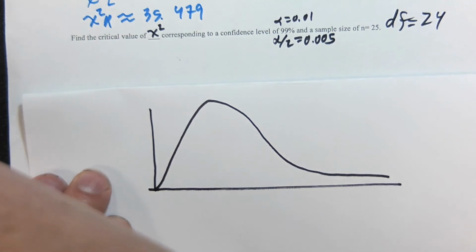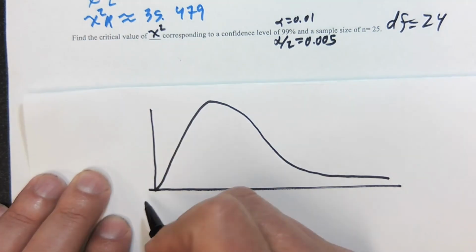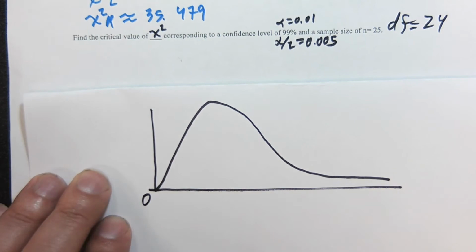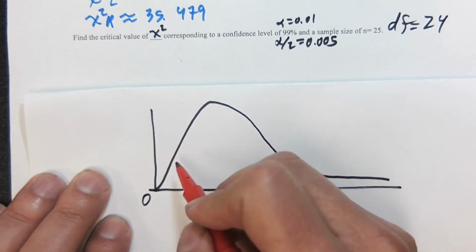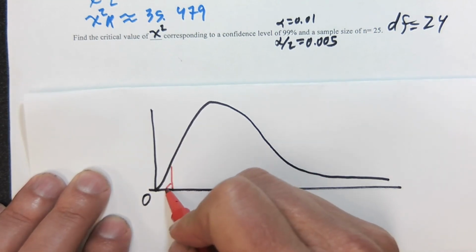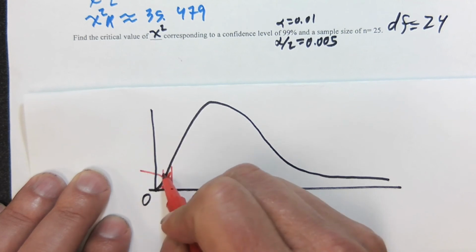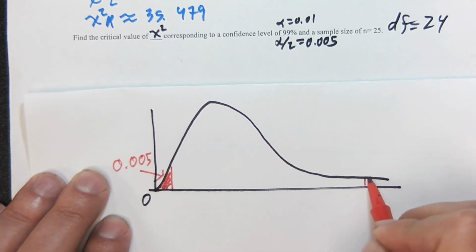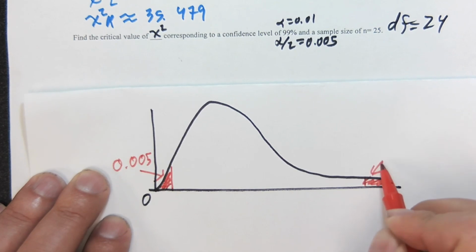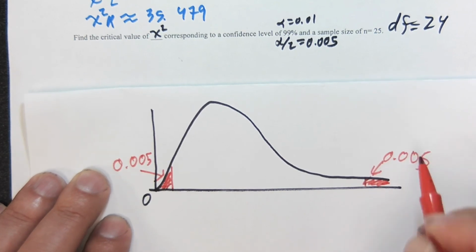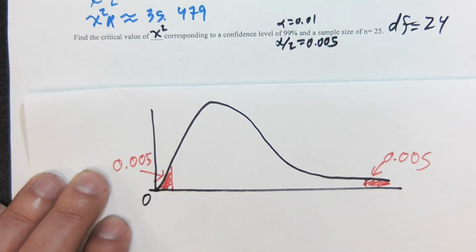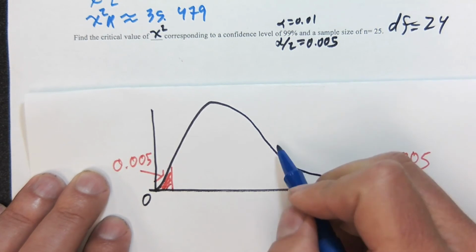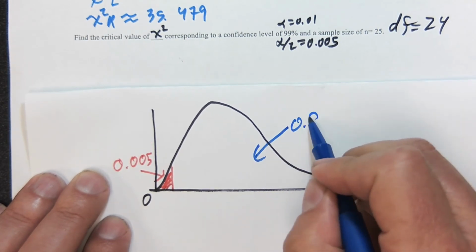We are starting at 0, and this is going to be even smaller. This is 0.005, and over here, 0.005. And in the middle, 0.99.